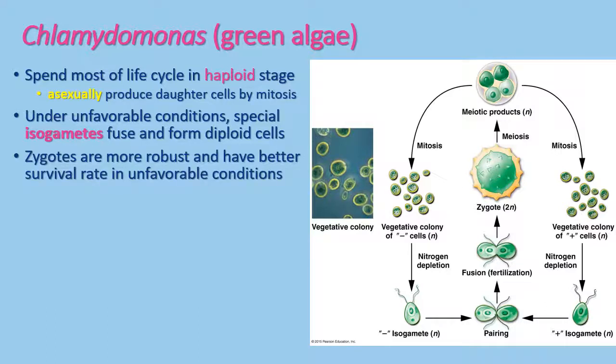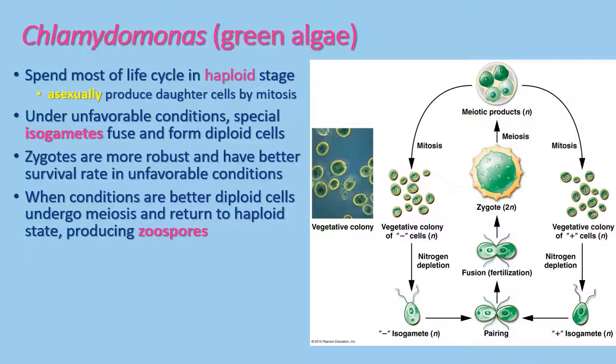The purpose of this is that these zygotes are more robust. They have a better survival rate in these unfavorable conditions, which gives them a little bit of an edge, a little bit of an advantage. But if the conditions get more favorable, then the zygote will undergo meiosis to produce the haploid vegetative cells, and they'll go back to reproducing asexually.